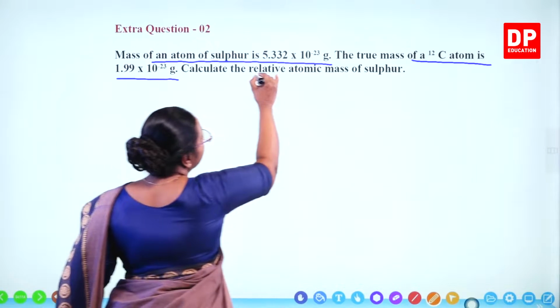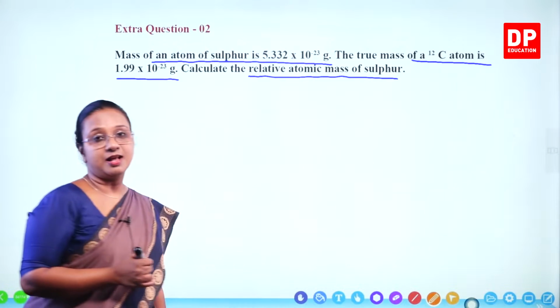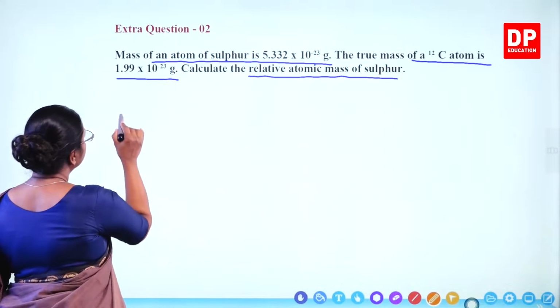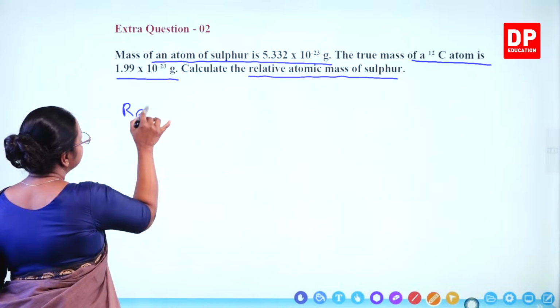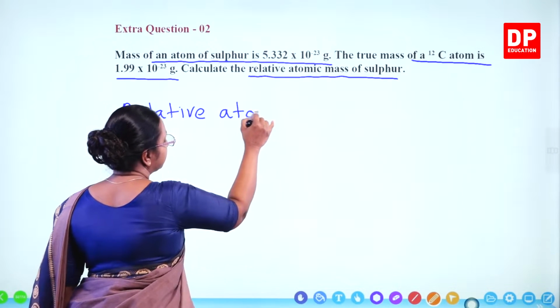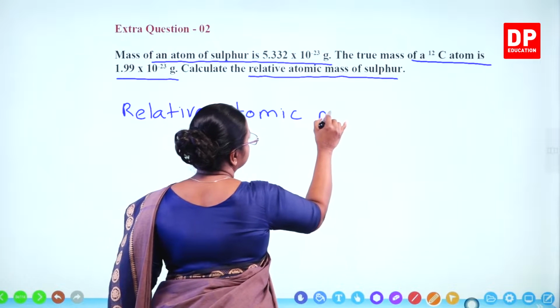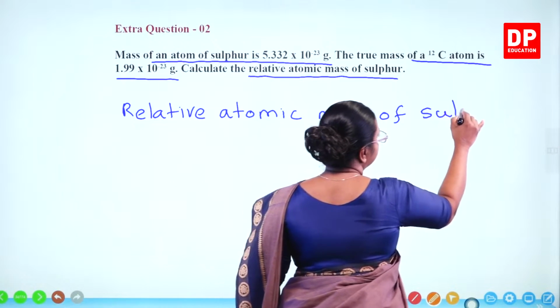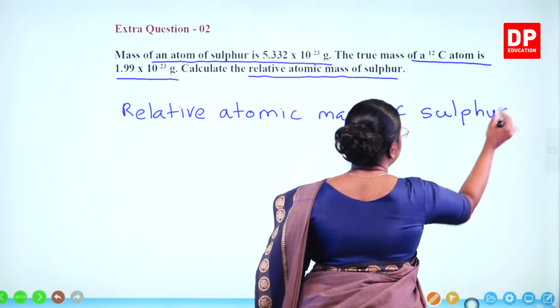Calculate the relative atomic mass of sulfur. This is a very direct question. So what do you need to do? You need to write relative atomic mass of sulfur. Sulfur, that is what you need to find.